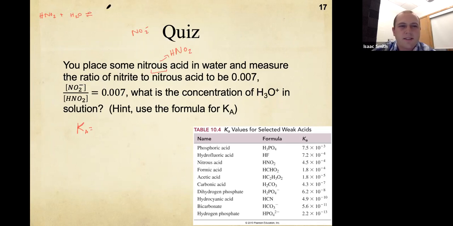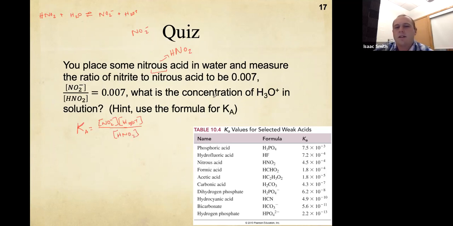Since this is the acid, it's going to lose a proton, become nitrite, and then we would have H3O plus, right? Okay. So if we wrote out the Ka, we're going to have the concentration of nitrite times the concentration of H3O plus divided by the concentration of nitrous acid.